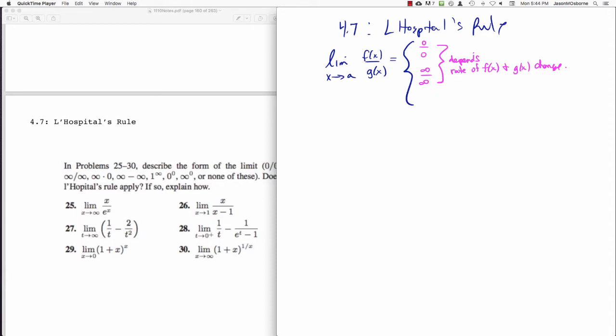There are other indeterminate forms, and they come from manipulations of, say, 0 over 0. 0 over 0 is the same thing as 0 times 1 divided by 0. But 1 over 0, we decided, is like infinity. 1 over a really small number is a big number. So 0 times infinity is another indeterminate form.